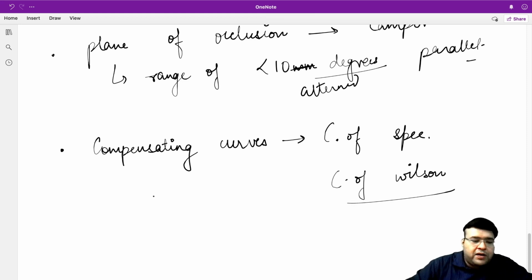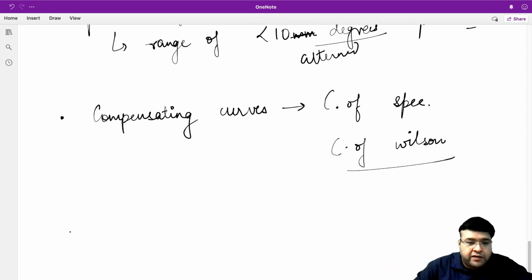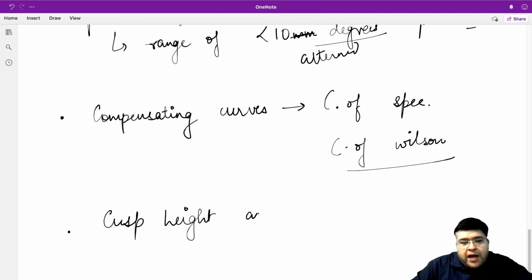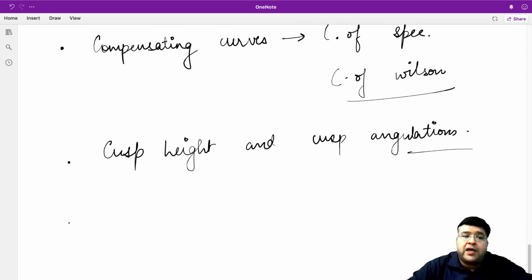All these curves can be altered. I can change the position of the compensating curves. Next is your cusp height and cusp angulation. We have already read about different types of cusps. So we know that the cusp height and cusp angulation can be altered.